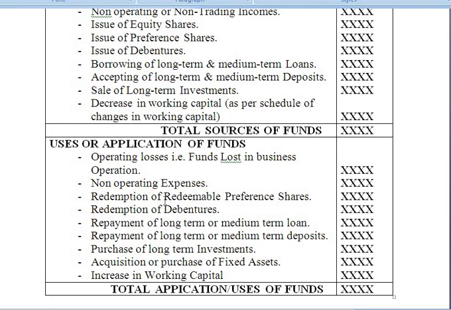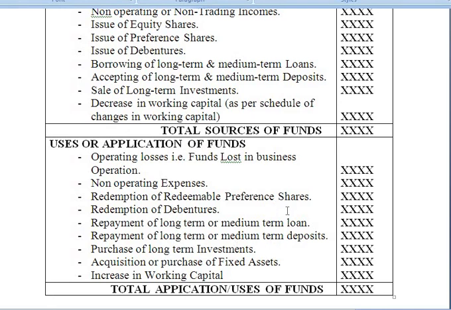Next one, redemption of redeemable preference shares. If you made the repayment of or redeem the preference shares, that will be an application. Then redemption of debentures, repayment of long-term or medium-term loans, repayment of long-term or medium-term deposits, then purchase of long-term investments, acquisition or purchase of fixed assets. Okay, and the last one is increase in working capital. All these are the examples of uses or application of funds.